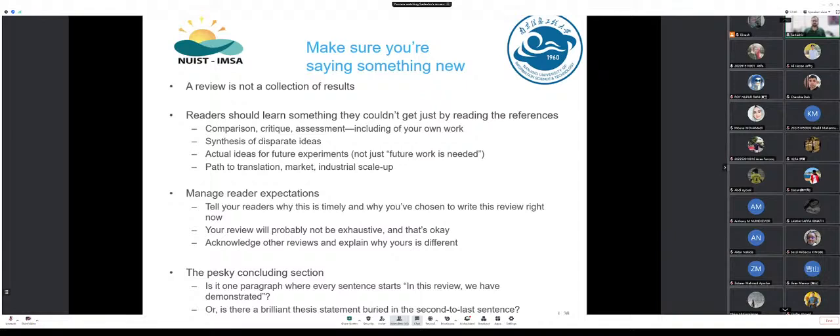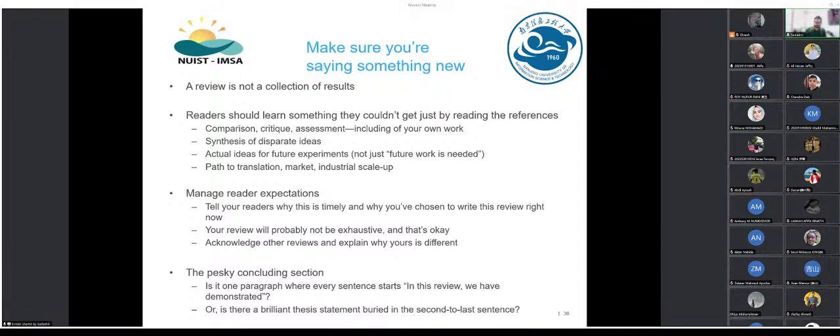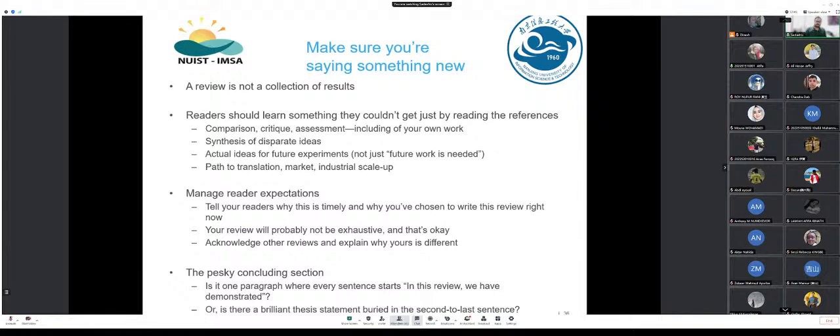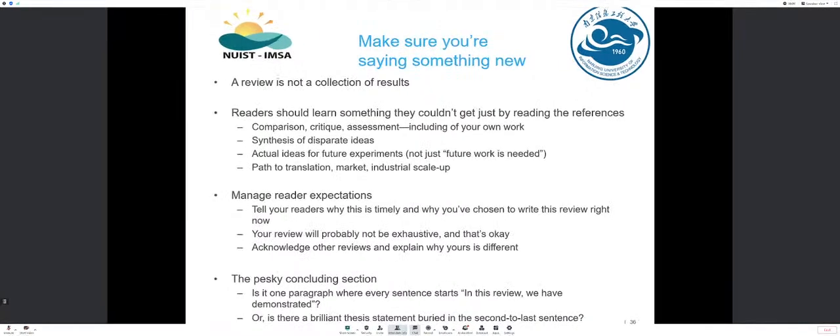And in the concluding section, you should write that in this particular review, we have demonstrated this particular thing.